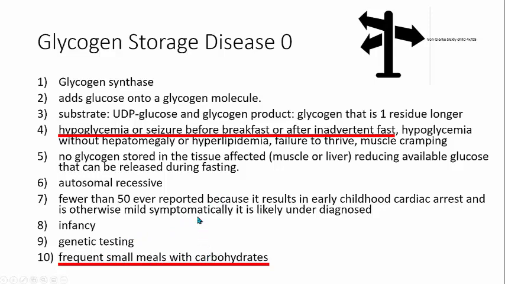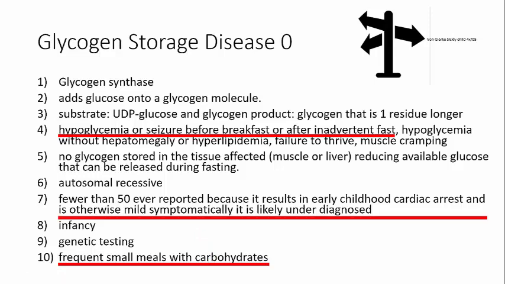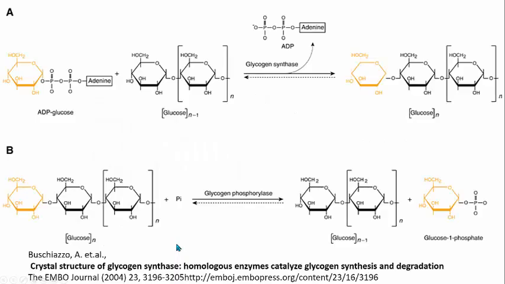Unfortunately, because it is rarely seen, it is often misdiagnosed. These children typically die of cardiac arrest in early childhood. If it is not diagnosed in early childhood, it tends to be a milder form, and those with milder forms tend to live throughout their life and can simply be managed by these small, frequent meals.